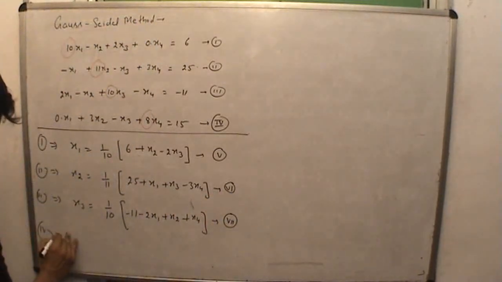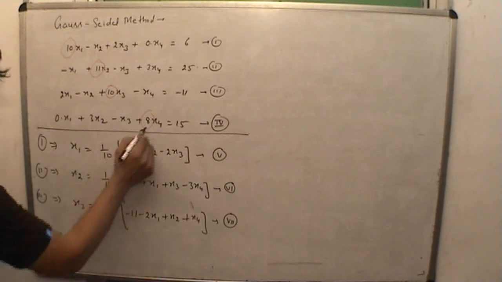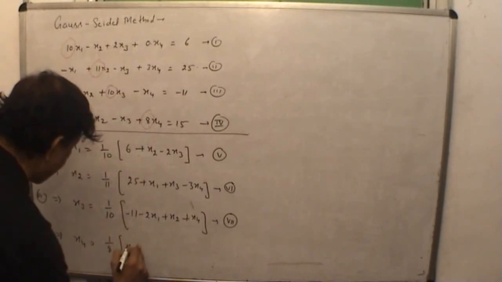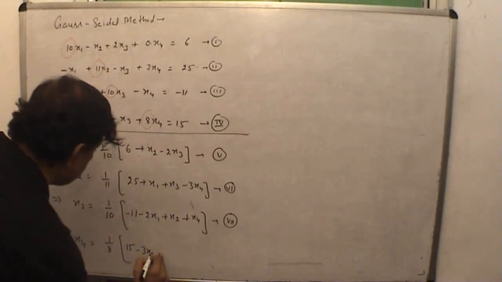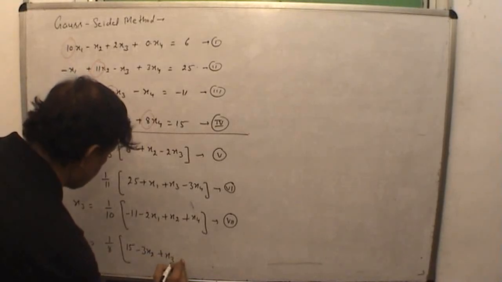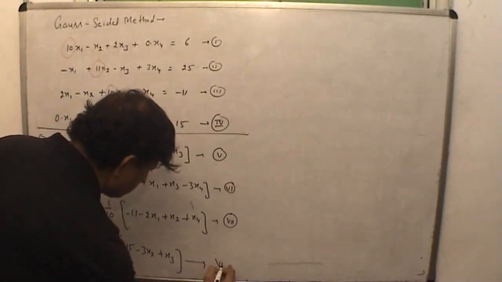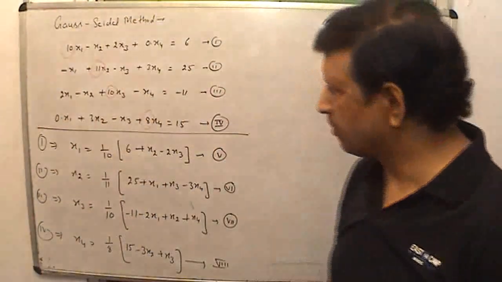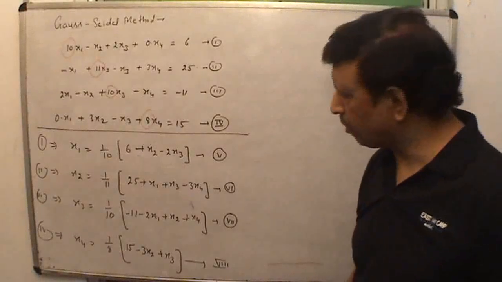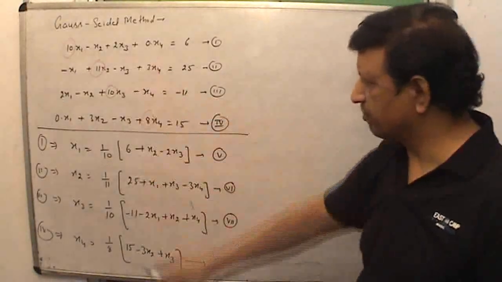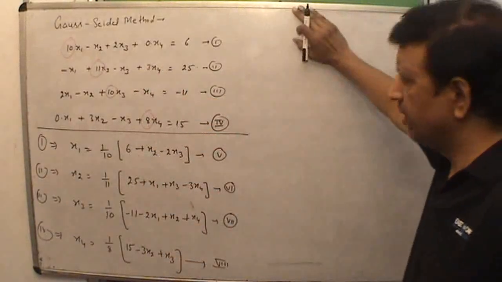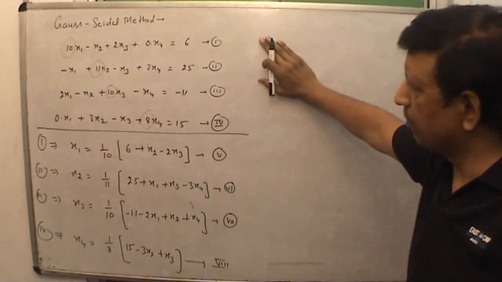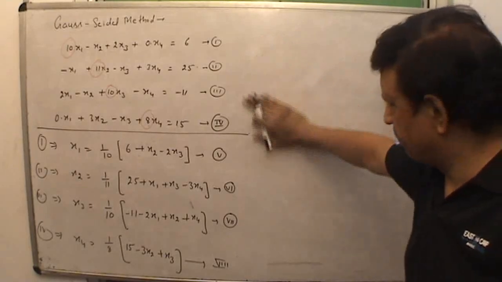From 4 we get x4 is equal to 1 by 8 into 15 minus 3x2 plus x3, and it is equation number 8. Again, up to this step, both methods are common. From the first equation we calculate x1, x2, x3 and x4. In this method, we don't follow the rule of the diagonal elements.